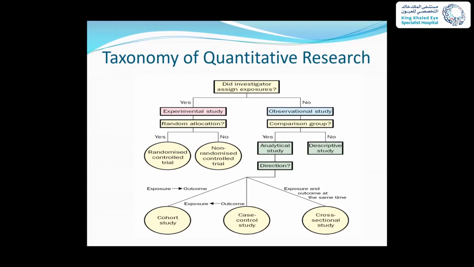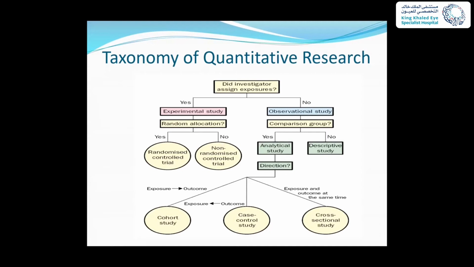These study designs are based on the selection of the participants. How do I select the participants for this study? In a cohort study, I select my participants based on their exposure, on their risk factor status.